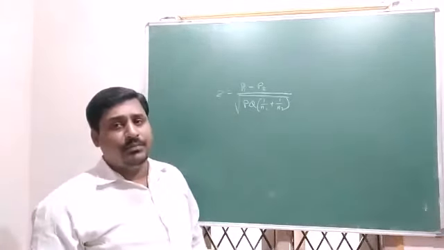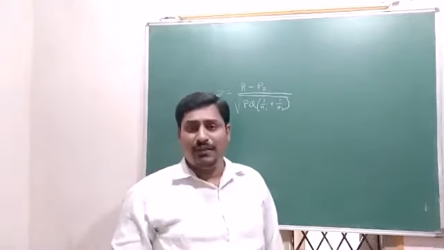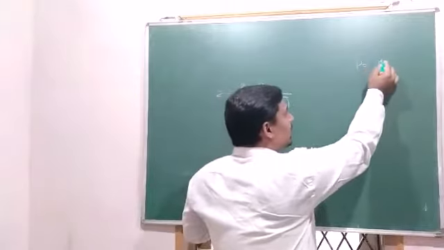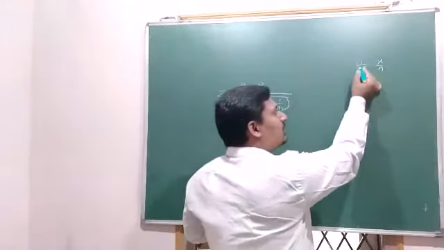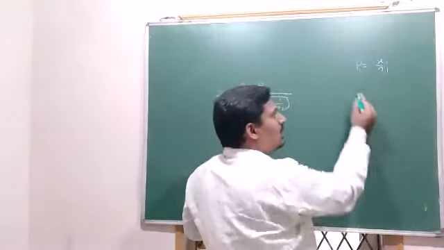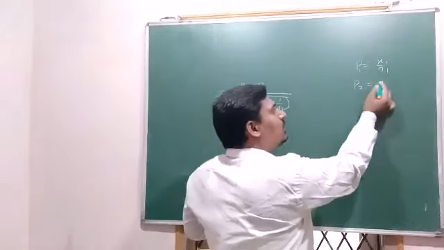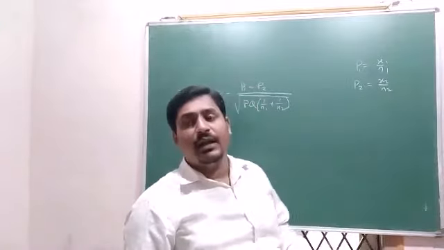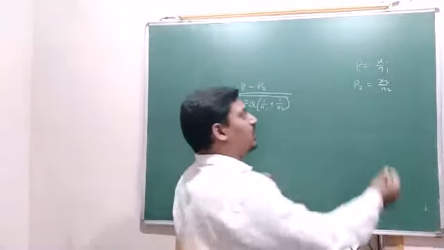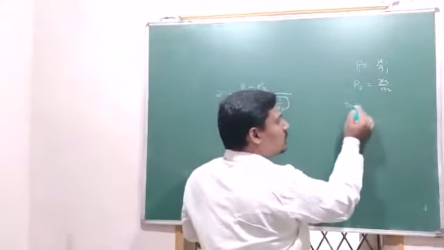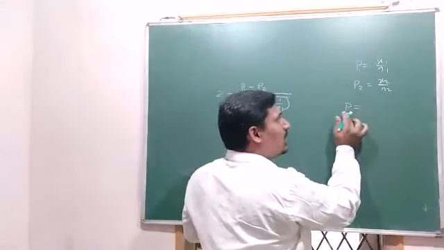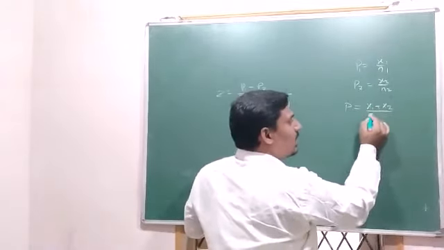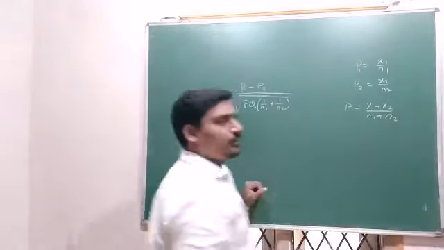In certain problems they may give X value and N value. With the help of that we identify the P value. So P is equal to X by N. For the first population P1 is equal to X1 divided by N1, and for the second population P2 is equal to X2 divided by N2. And for the entire population the proportion is a combination of these two. So capital P is equal to X1 plus X2 divided by N1 plus N2.